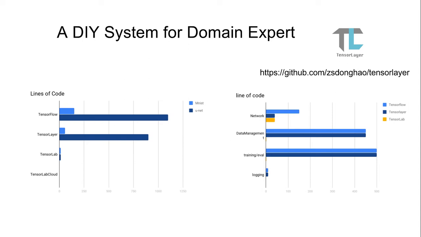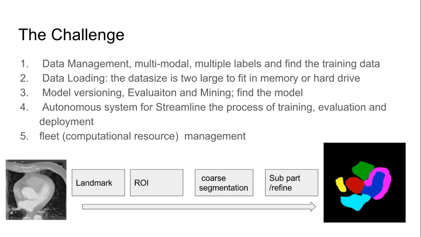However, we analyzed deep learning research code, and TensorLayer reduces the code size to about 1/3 for building the network, but there is still lots of work in the data management part. This is especially true when we apply deep learning to a large data set and in production situations.